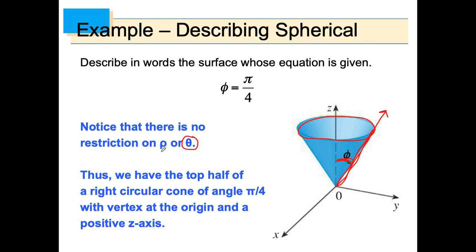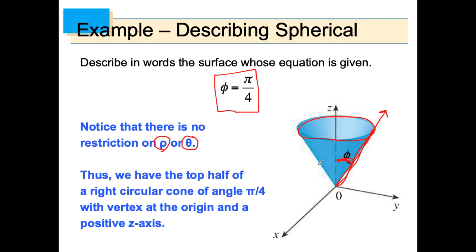And on top of that, rho is also unrestricted. Remember, this little circle up here that seems to cap off the cone actually goes on forever. Let's recall, what's rho? Rho is the distance from the origin to the point itself. So basically any point on this cone fulfills this restriction of phi equals pi over 4.